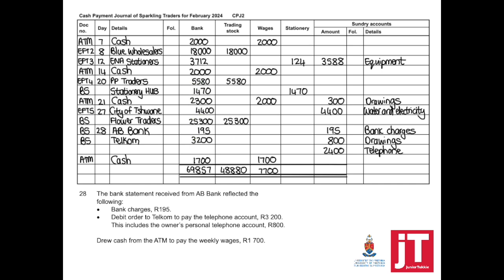Now a reminder from the CPJ, bank will always be credited and the rest will be debited. So if I take trading stock plus wages plus stationery plus sundry accounts, it must equal the bank total. If it doesn't, it means somewhere you've made a mistake.